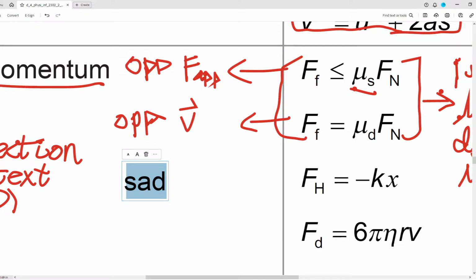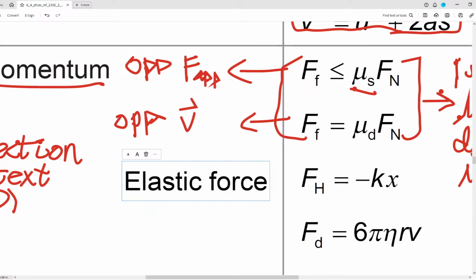The next one is elastic force and Hooke's law.